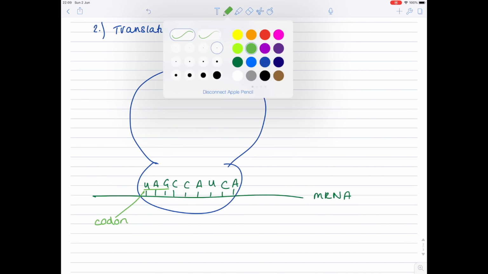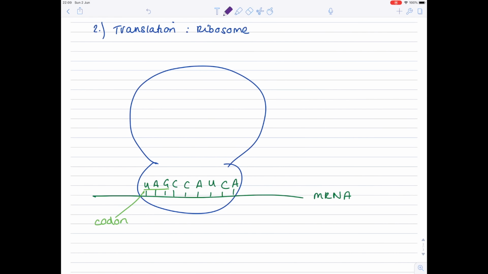Now floating about inside the cytoplasm are tRNA molecules, and crucially they have amino acids attached at one end, and at the other end they have an anticodon which is made up of 3 bases, so we call this the anticodon. Now that anticodon has to be complementary to the codon.